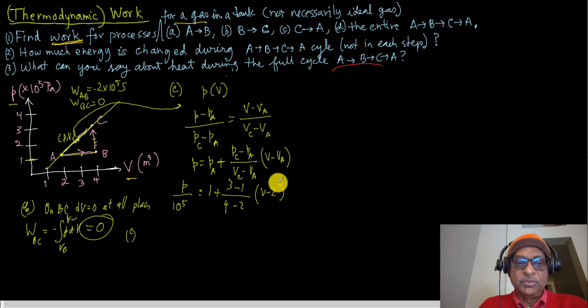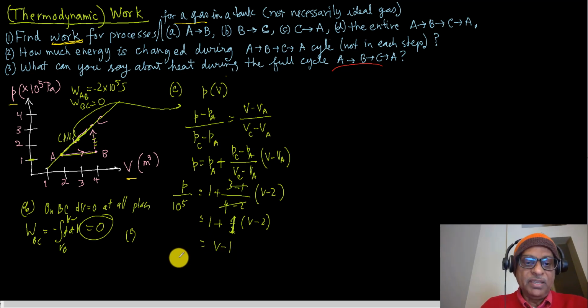So P is 1 plus half V minus 2, right? No, not half. This is 1, this is 2, and this is 2, so they'll cancel, so this is V minus 1. So P is actually 10 to the power 5 times V minus 1.